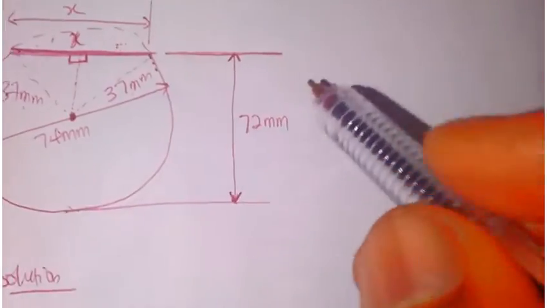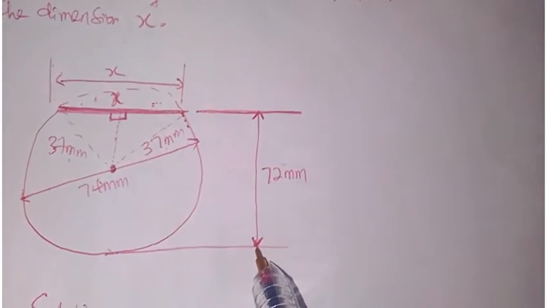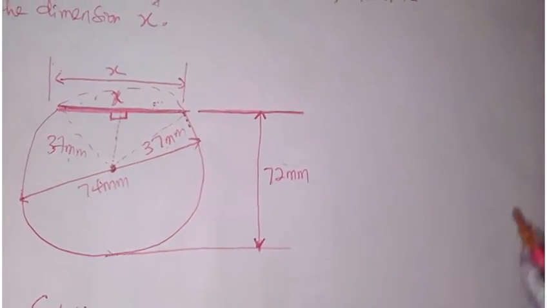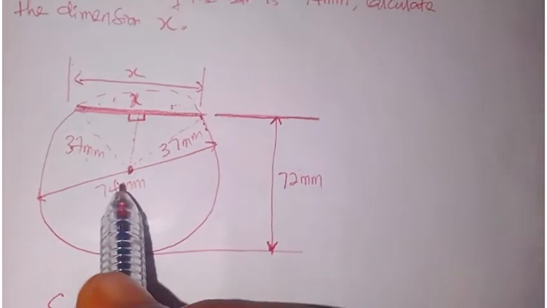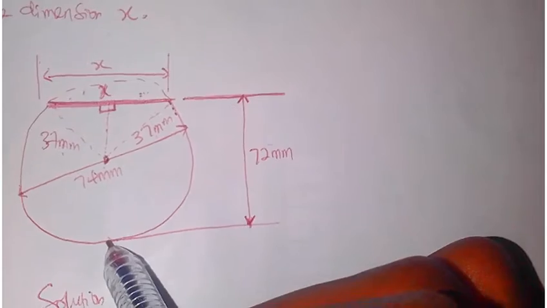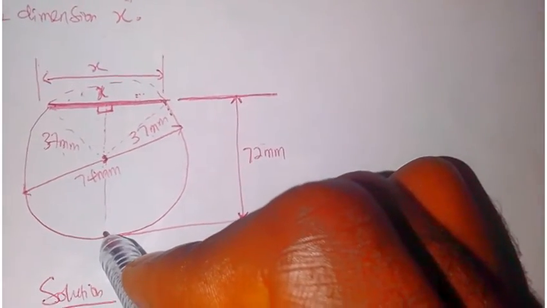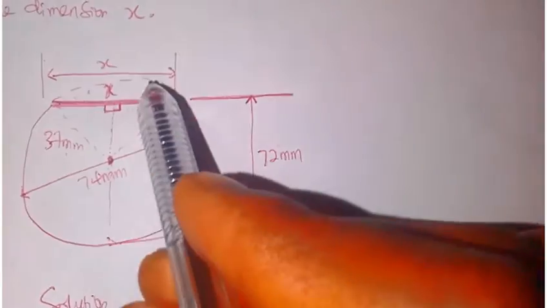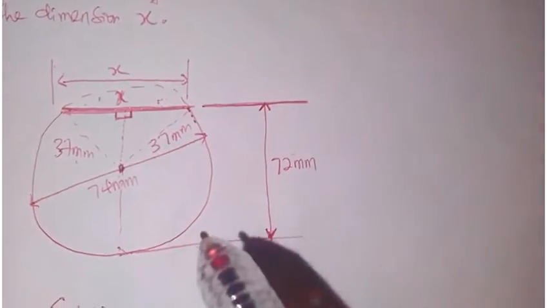Notice that we're given the height from this part of the chord to this end of the circle to be 72 millimeters. From the center of the circle to here is already 37. If I extend this one, it is already 37 millimeters, because the diameter of the whole circle is 74.